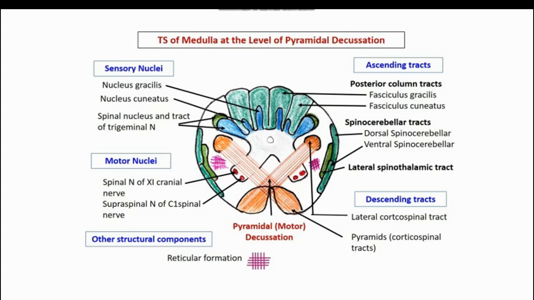Hello everybody. Till now, in part 1 and part 2 of the medulla oblongata, we have seen the anatomical position of the medulla oblongata, parts of the medulla oblongata, the important functions of the medulla oblongata, and we have seen the external features of the medulla oblongata.